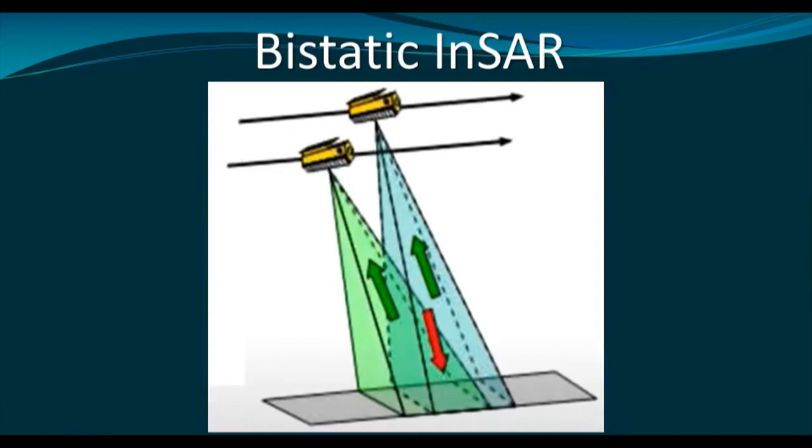Many of the space agencies are now launching twin radar satellites, so that they can be used in SLC mode, single look complex mode, they can be used in monostatic mode, they can be used in bistatic mode, and also they can be used in INSAR mode, and a combination of bistatic and INSAR.